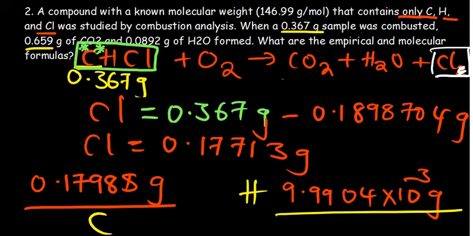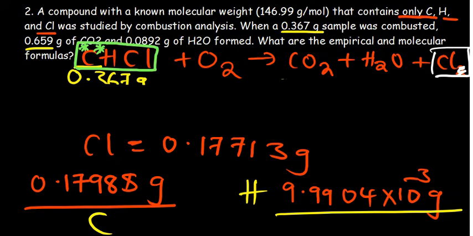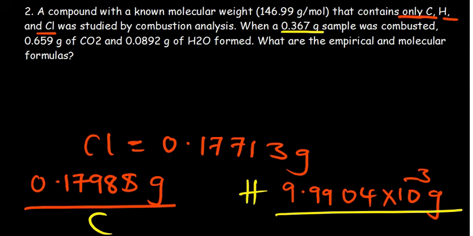So we've now determined the mass of all the 3 elements contained in our compound: carbon, hydrogen, and chlorine.